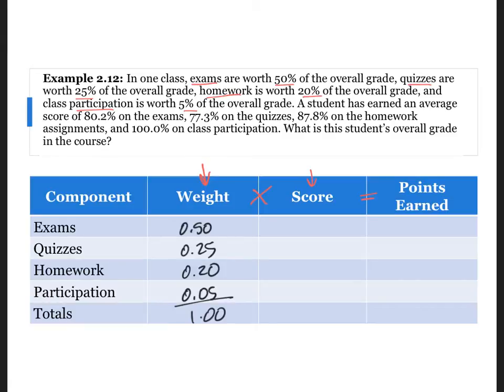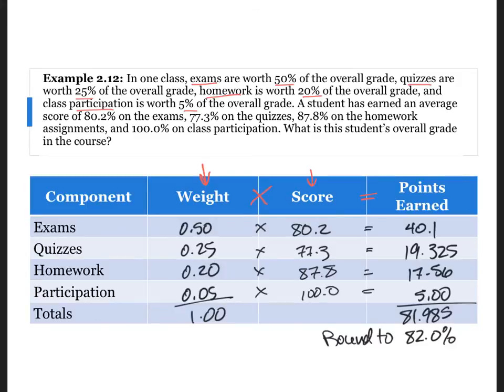Next, we record the student scores, 80.2% on exams, 77.3% on quizzes, 87.8% on homework, and 100% on participation. We'll keep these values as whole numbers, dropping the percent signs. Next, we multiply each weight by the score earned to get the points earned out of a possible 100 points for the class overall. We see that the student has earned an 82% in the course.